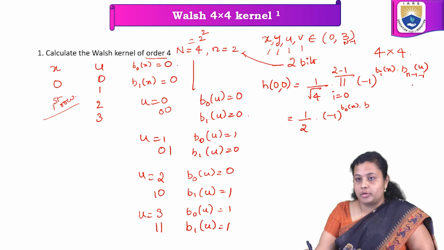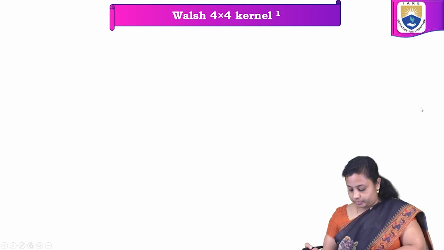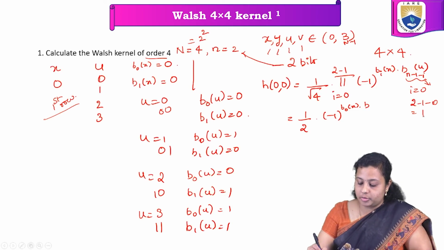So when i is equal to 0, this term will come up to n minus 1, so 2 minus 1 minus 0, so that will turn up to 1.